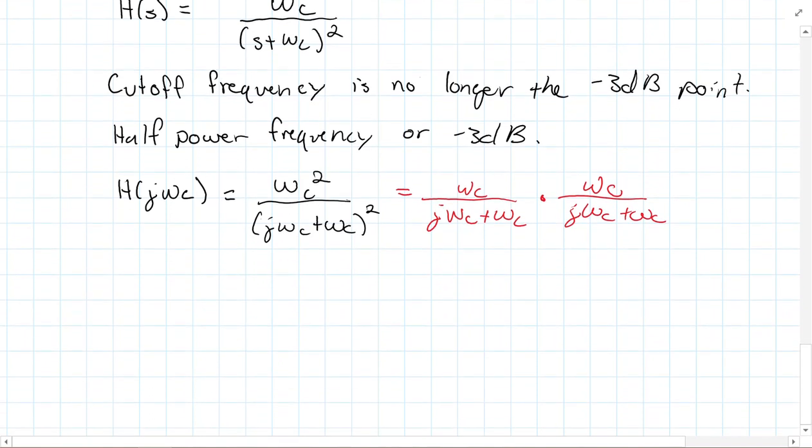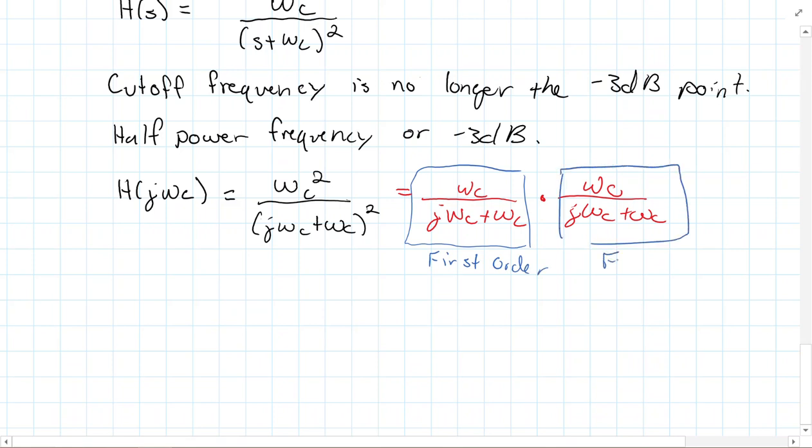Well, the reason I'm writing it like that is because this is first order, and this is first order. So those are identical to my first order transfer functions, the exact portions of them.